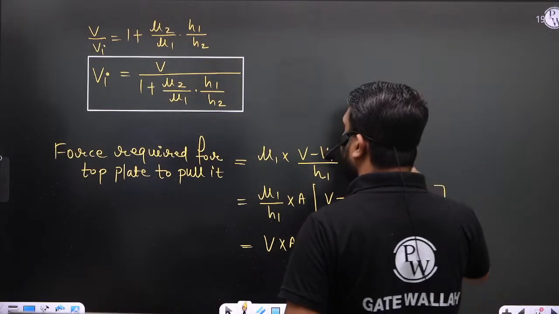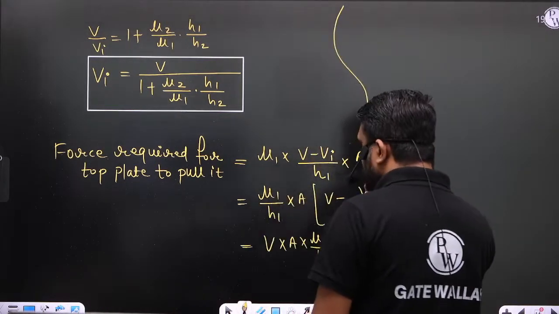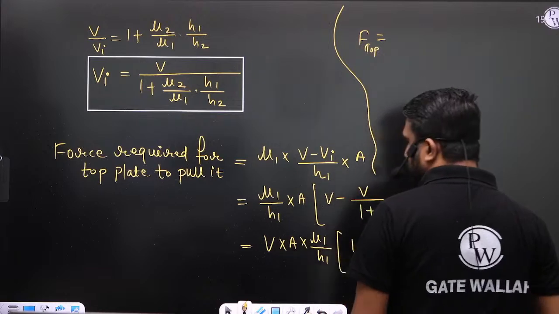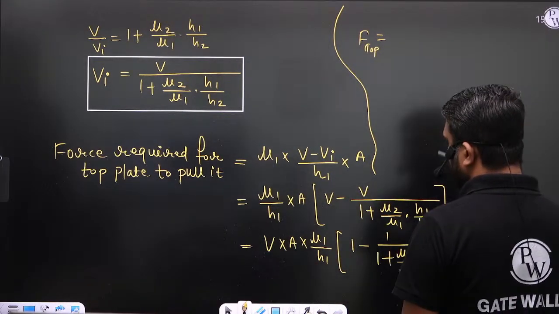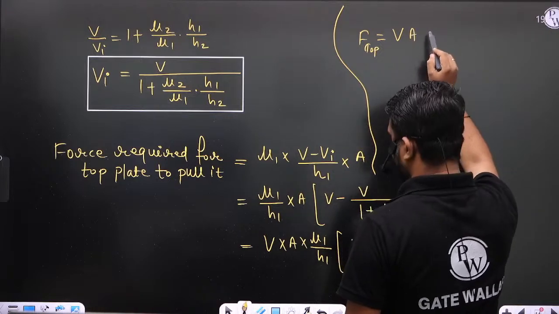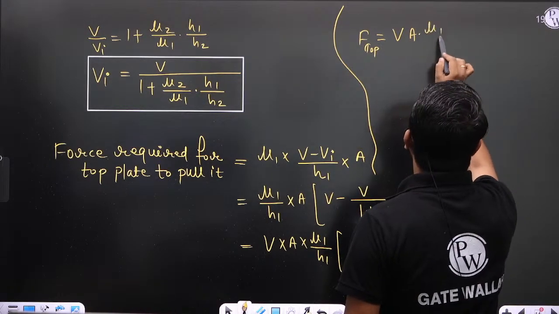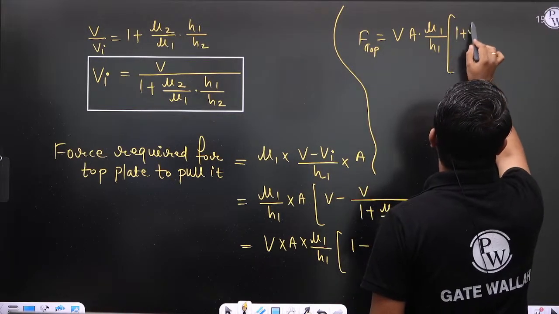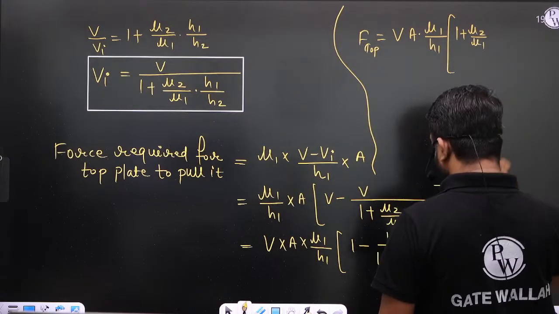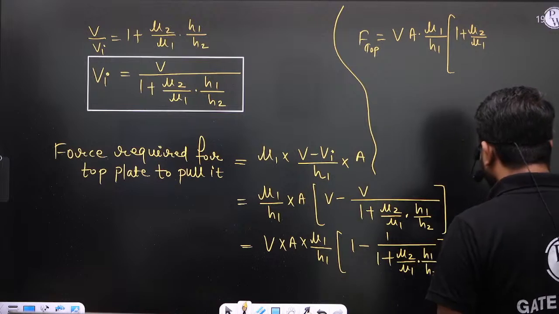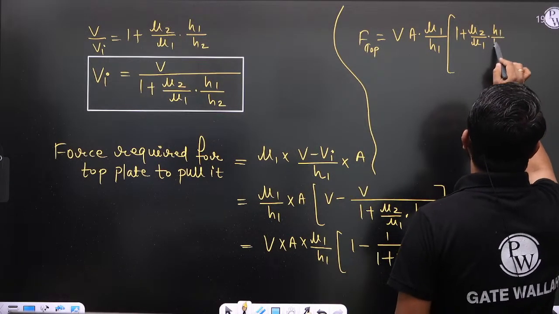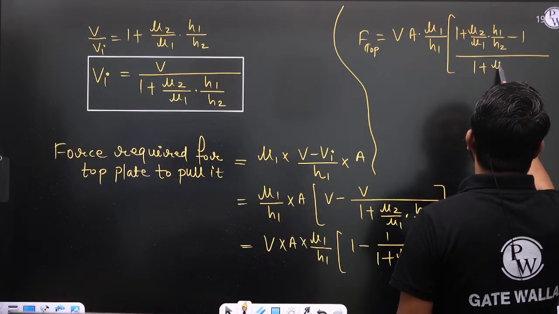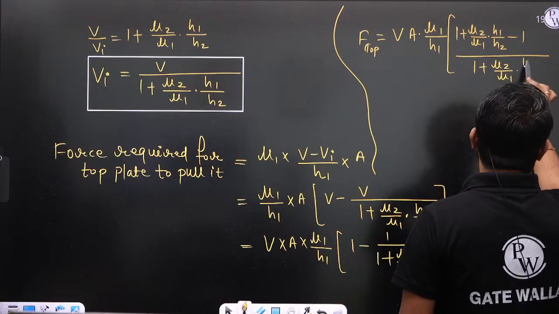Now see, if you want to simplify this, the force required for the top plate is V into A into mu1 by H1 into 1 plus mu2 by mu1 into H1 by H2 minus 1, upon 1 plus mu2 by mu1 into H1 by H2.